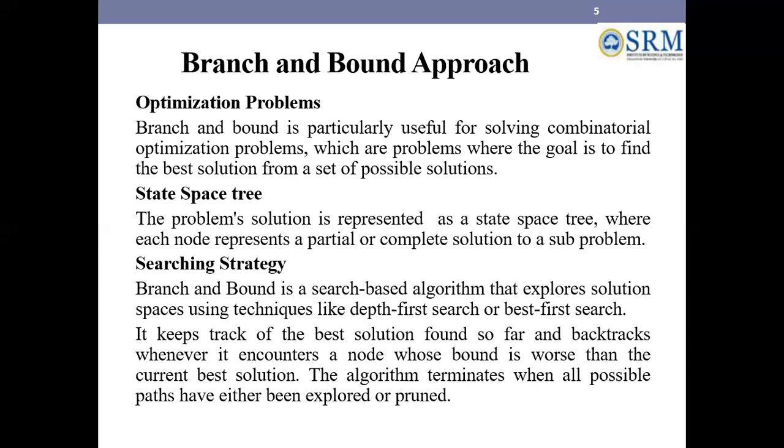So that is called searching strategy. Here it uses breadth first search or depth first search. It can keep track of all the best solutions found so far and backtrack whenever it encounters a node whose bound is worse than the current best solution. The algorithm terminates when all possible paths have been explored or pruned.